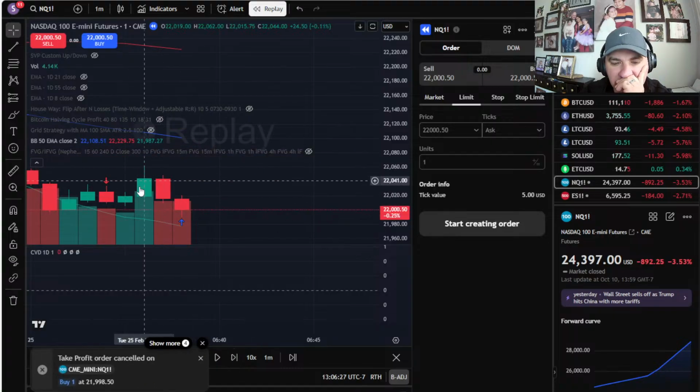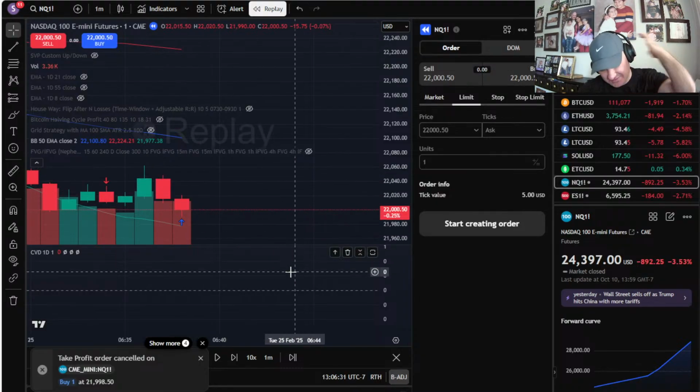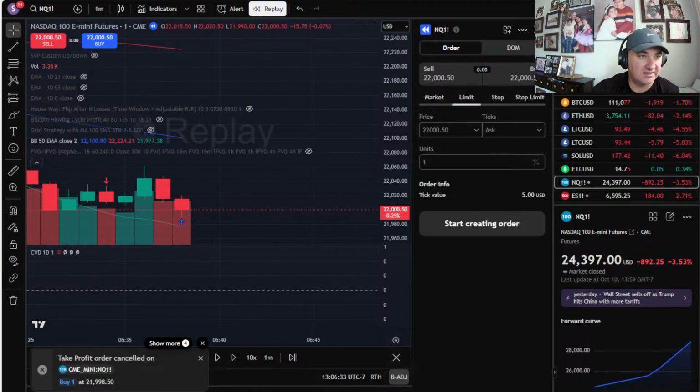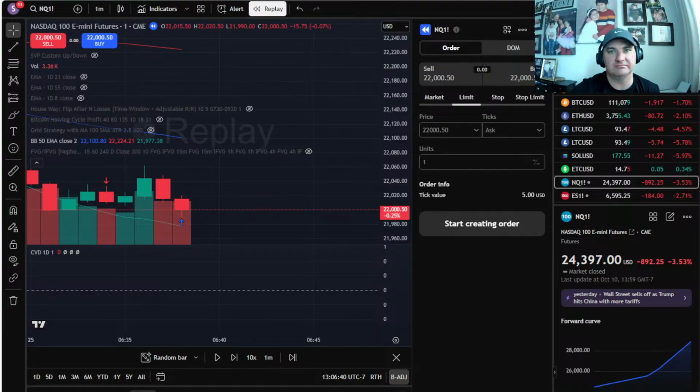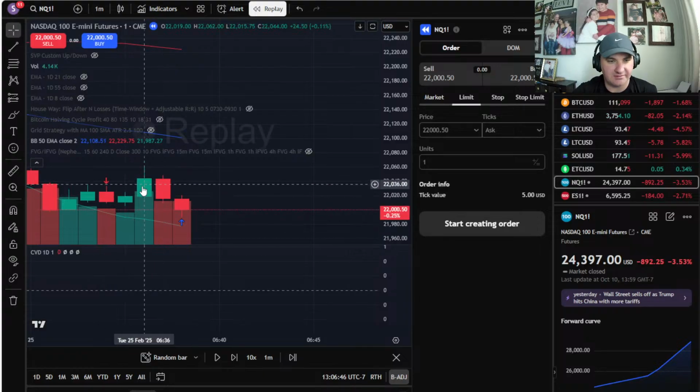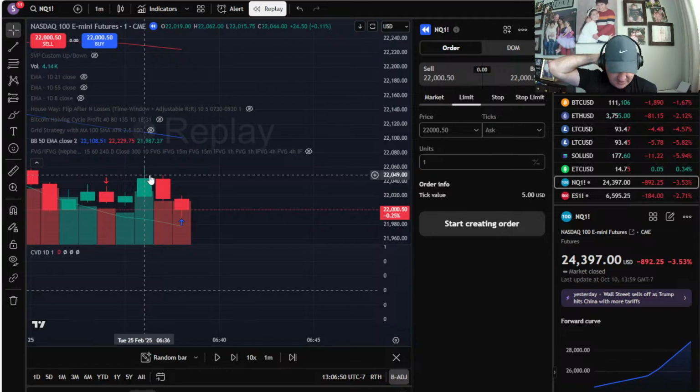Yeah, so this wouldn't have been a winning trade. Again, sorry, this is like the limitation of trading on TradingView. And through no fault of my own, would have been stopped out on that trade.